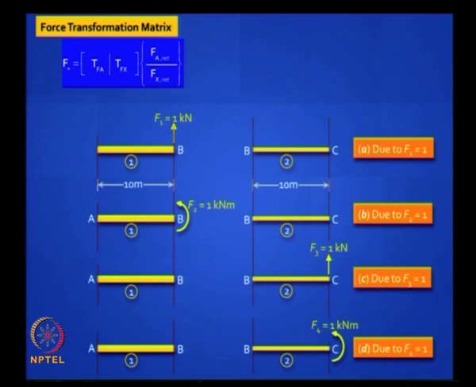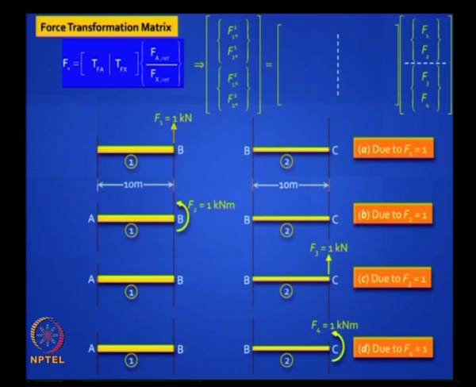Can you write down for this example the force transformation matrix? Okay. You have to apply a unit load one at a time. Let me help you. You have to fill in this matrix which I have left blank there, right? There are only 2 elements.